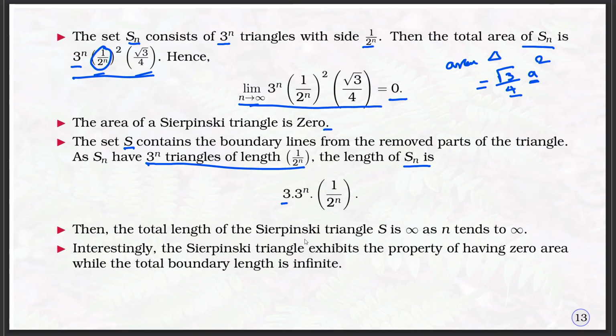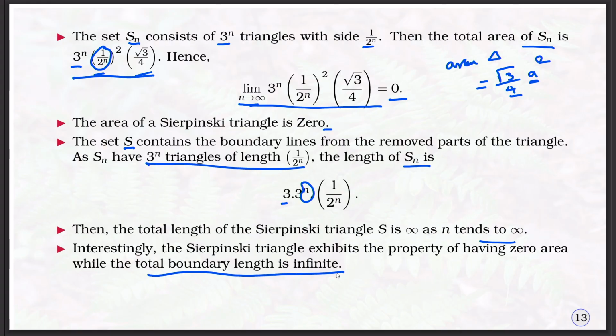Then the total length of the Sierpinski triangle S tends to infinity as n tends to infinity. So, interestingly, the Sierpinski triangle has the property of having 0 area while the total boundary length is infinite.